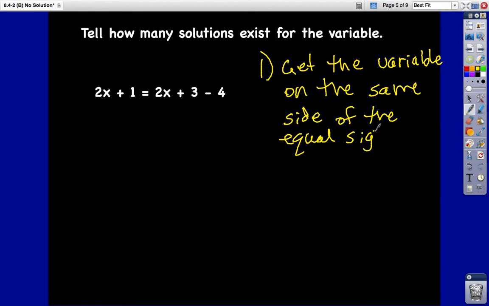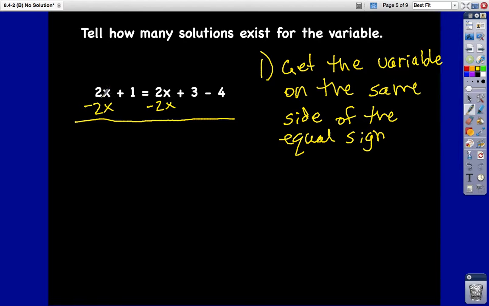I'm going to show you how to do that. Some of you already know. I'm going to start out by subtracting 2x from both sides, because that would be how I would try to move one over to the other. But notice what happens right away.